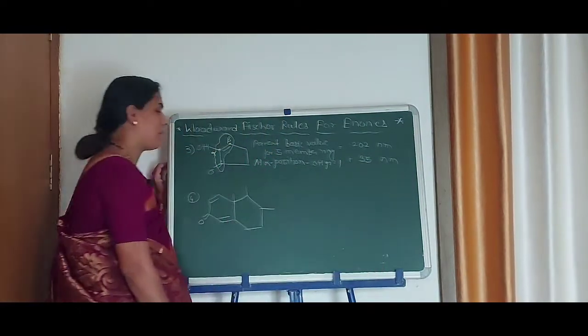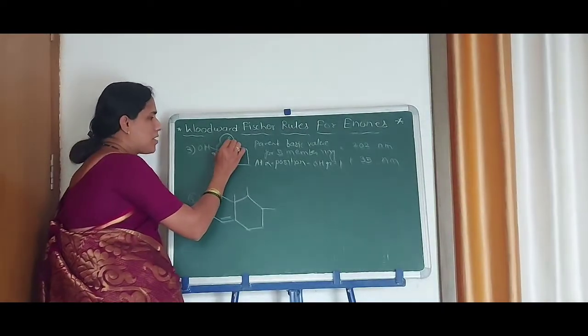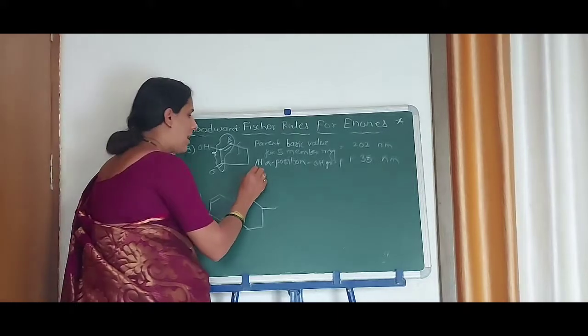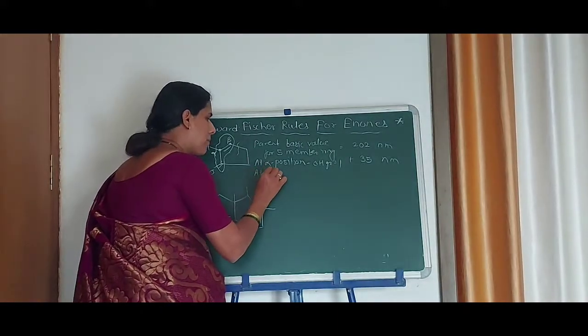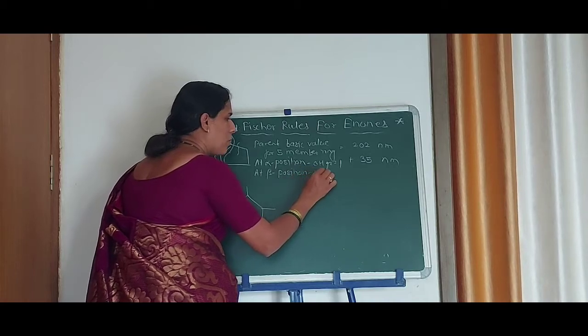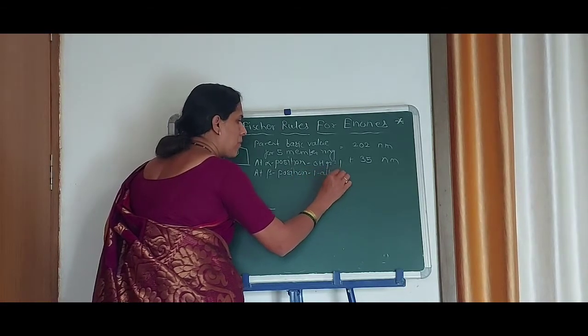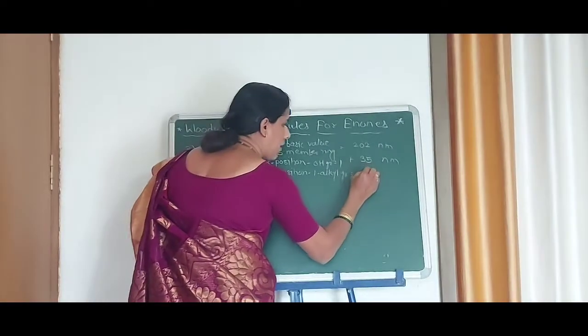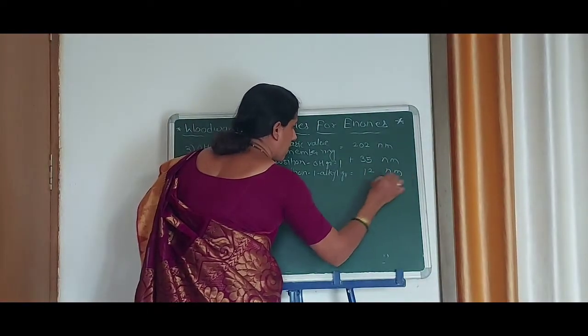Now consider the beta position. Here only one alkyl group is there. At beta position, one alkyl group, you have to add 12 nanometer.